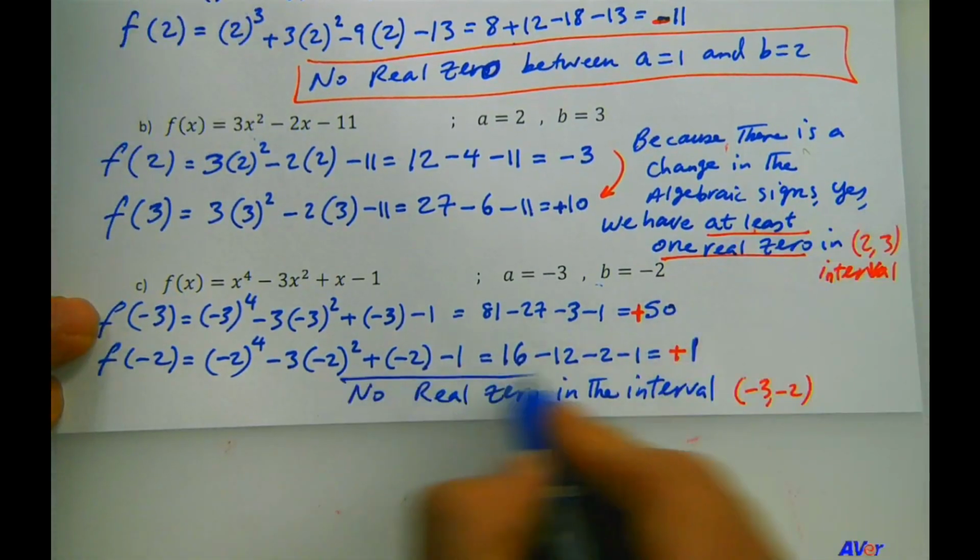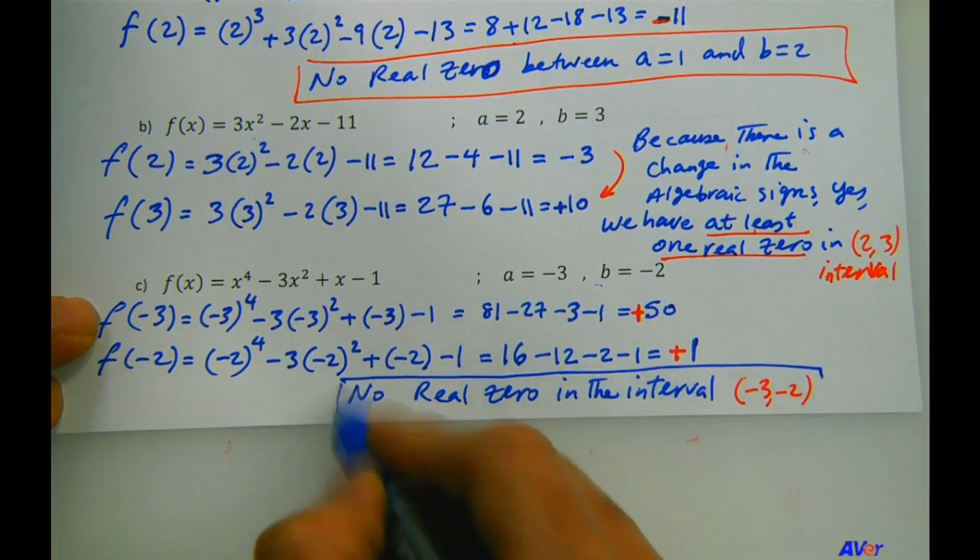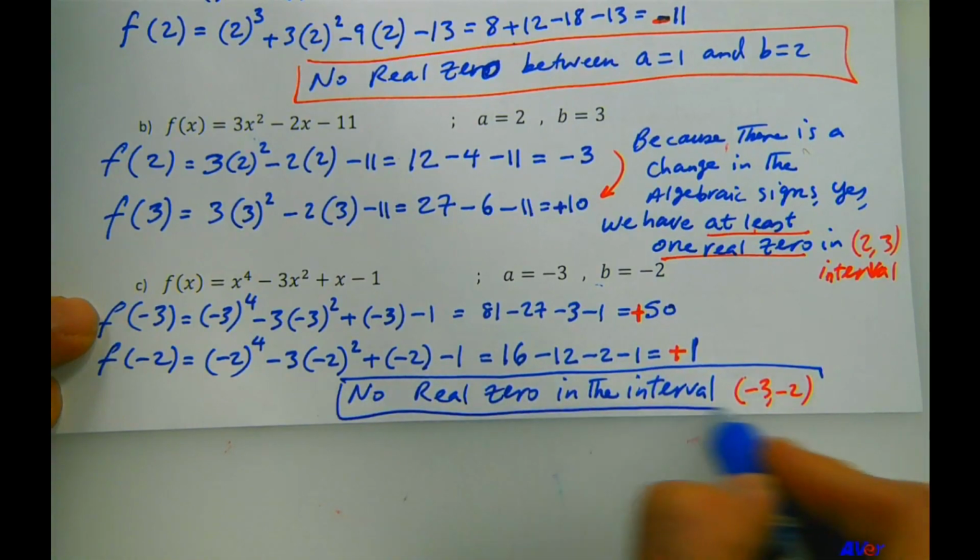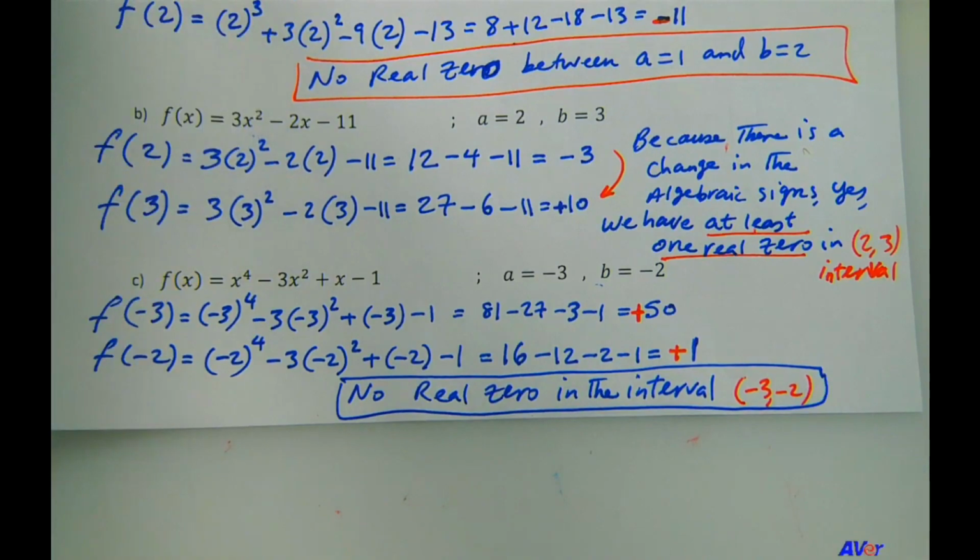Okay, because the function did not change algebraic signs. So it stayed on the same side of the y-axis. If it switched algebraic signs from positive to negative, from negative to positive, then we would conclude that yes, it must have crossed the x-axis. Therefore, there must have been at least one real zero.